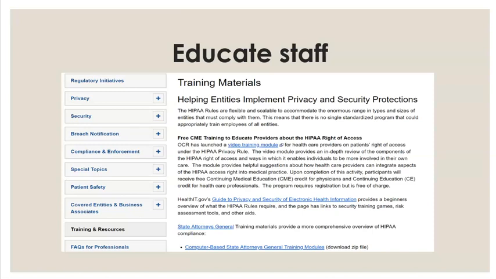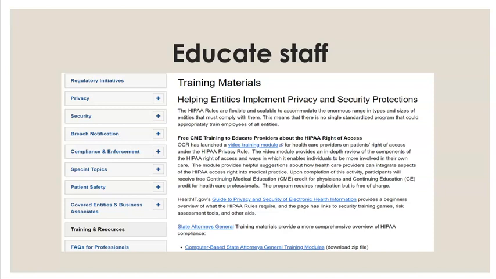Next area has to do with educating staff. Now, remember earlier I mentioned going to the government's website and downloading the privacy and security laws. On that same website, guys, you can actually locate training materials created by the government. This particular training helps us implement privacy and security protections.